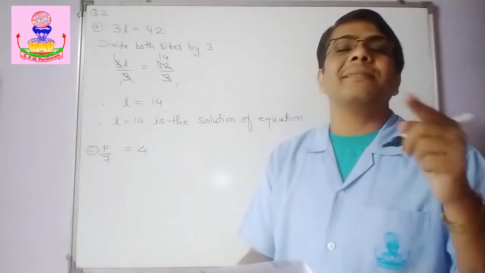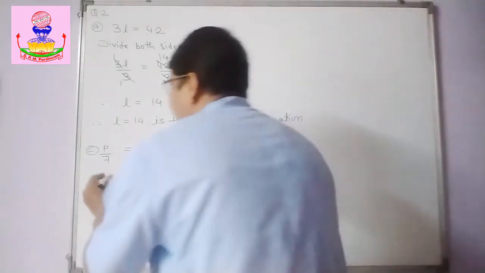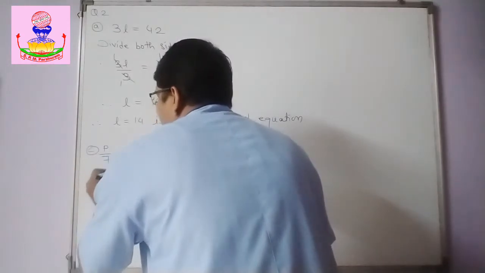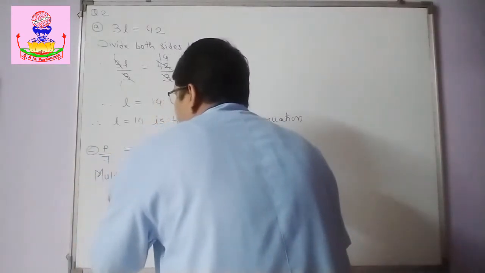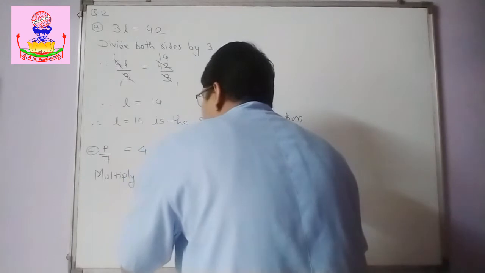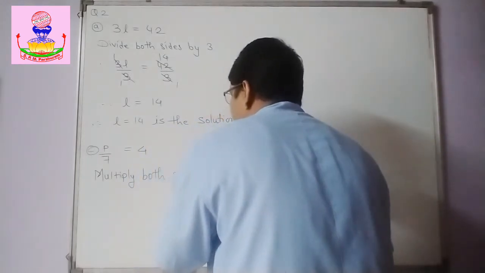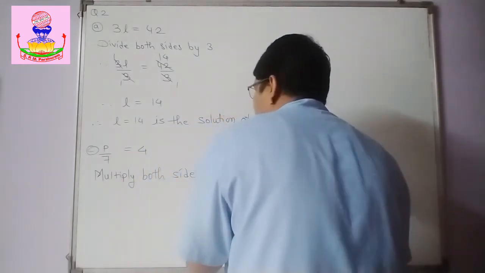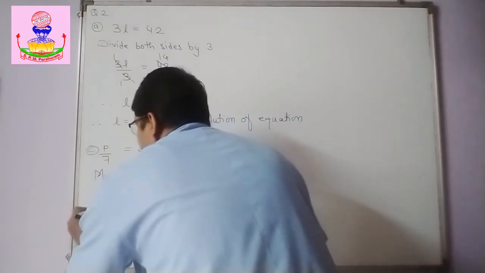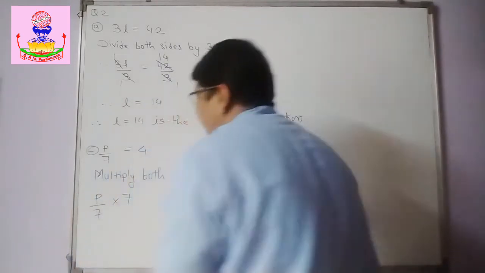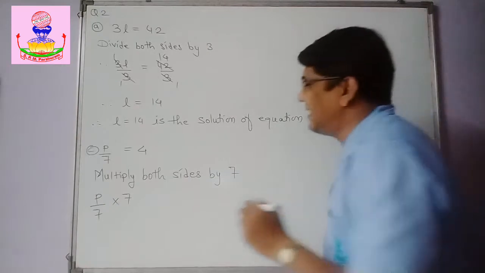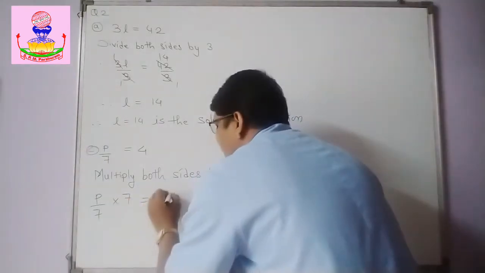Opposite of division is multiplication. Yes. So multiply both sides by 7. So P upon 7 into 7, am I right? And that is equal to 4 into 7.